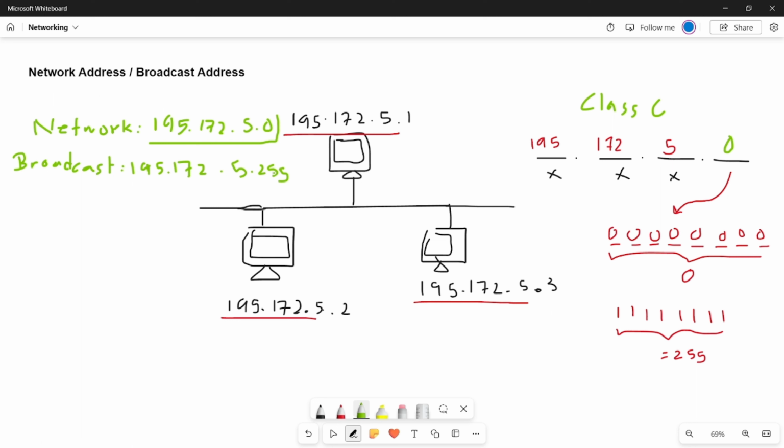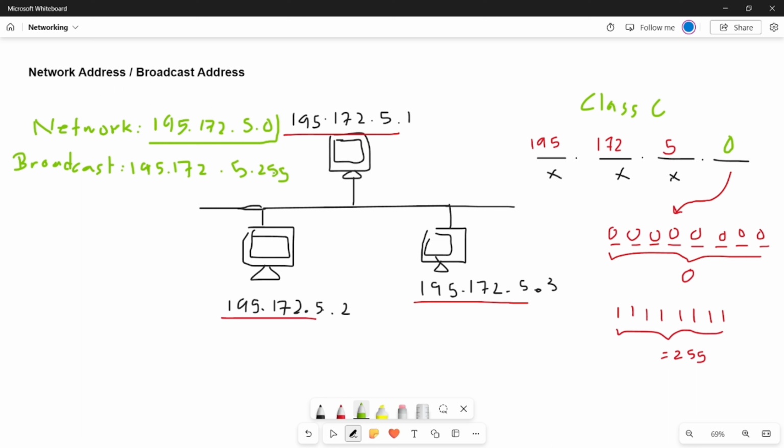So when we route data between those networks, we should have a way to identify each network. For that purpose, we use the network address to uniquely identify the network, and we cannot assign this network address to any other terminal.